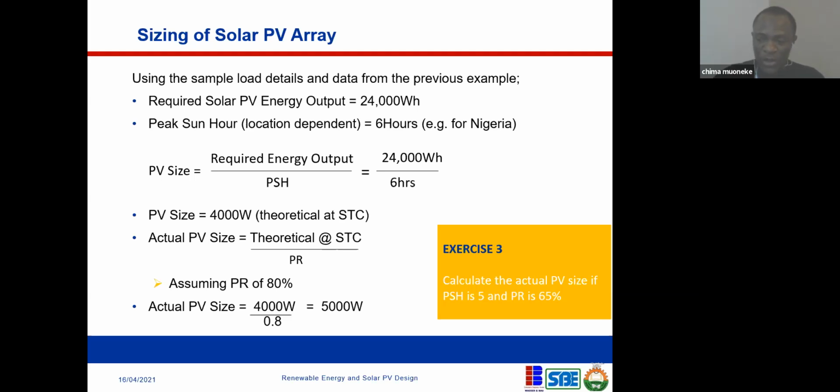If you add another one, you're going to have 36 volts. But assuming you want to charge a 24 volt battery, you cannot connect 3 of them in series. You can only connect 2 in series to achieve your 24 volts.